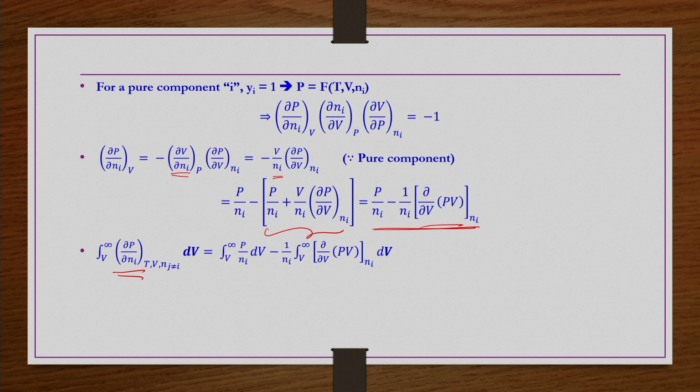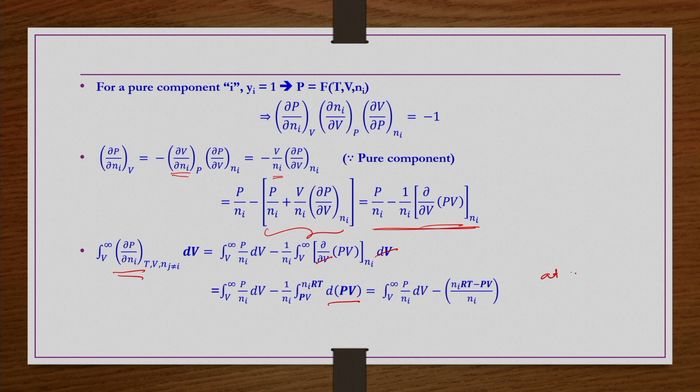Now if you integrate this from V equals some finite V to V equals infinity, then we have the integral of P by Ni dV minus 1 by Ni dou by dou V of PV dV. Now here the dV and dV cancel out, so we have the integral of d(PV). The integral of d(PV) is nothing but PV.